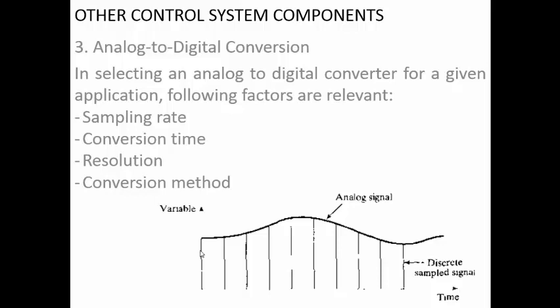So in this way successive comparisons are made to determine whether the given analog value is in the upper 50% range or in the lower 50% of the range in each step. Thereby we are able to determine the binary equivalent of the variable. So this is one of the conversion methods which is more commonly employed.